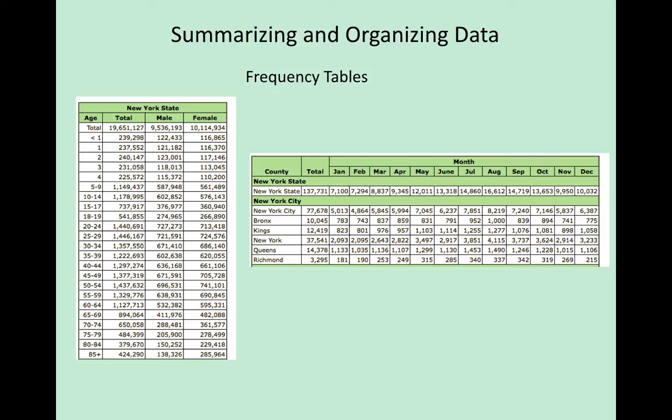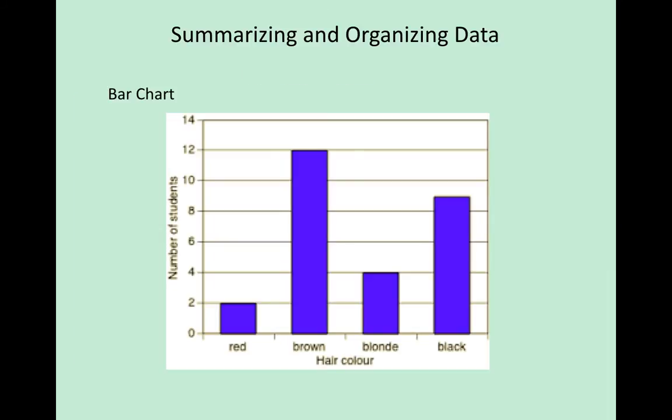Okay, we like to represent this data and organize it into tables. Okay, so here you can see a representation of some frequency tables, a number of people within a bunch of different categories. Okay, we also like to organize data in terms of charts because charts make the data a lot easier to interpret at first glance or easily.